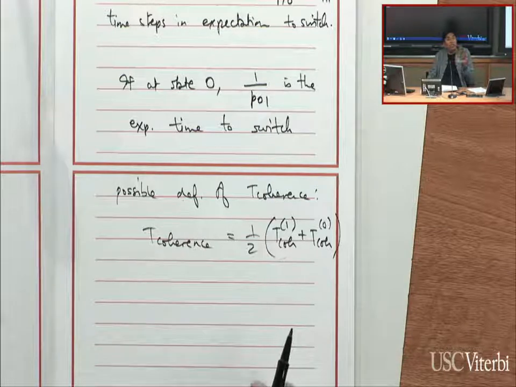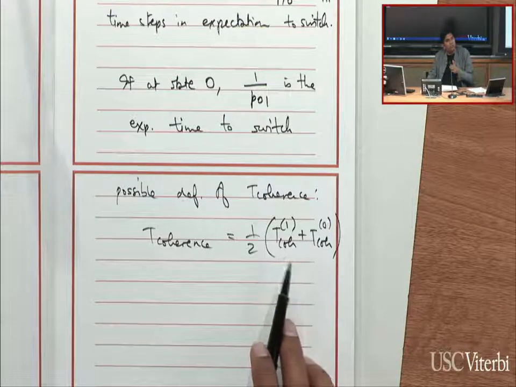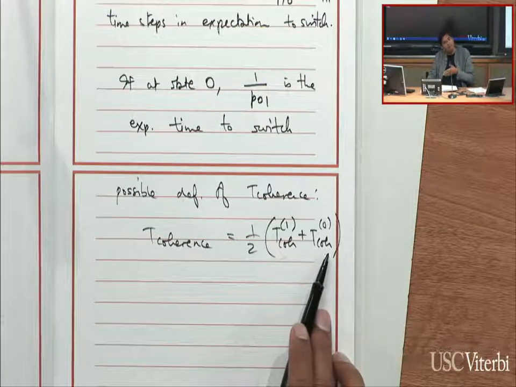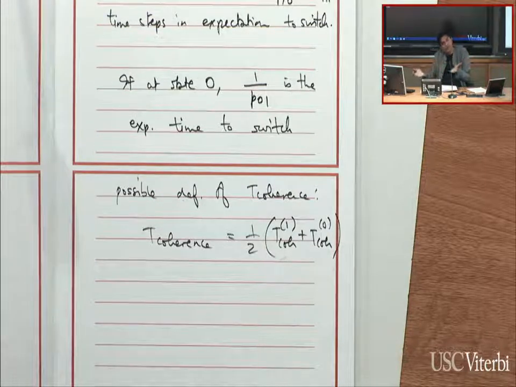It's basically in the long run, the steady state probability of being at state 1 and then wanting to switch out of it. Likewise, this should be happening in the long run, the steady state probability of being at 0 times how long does it take you to switch out.